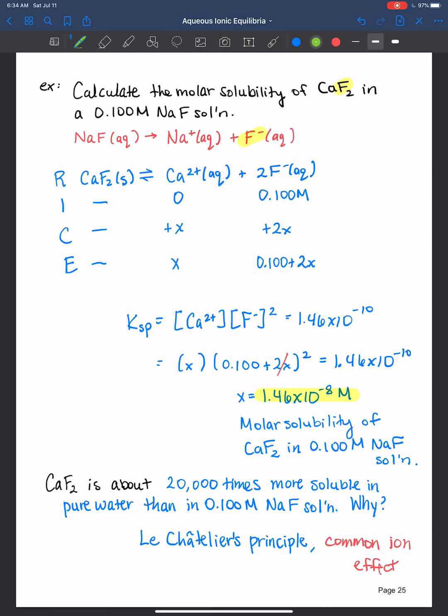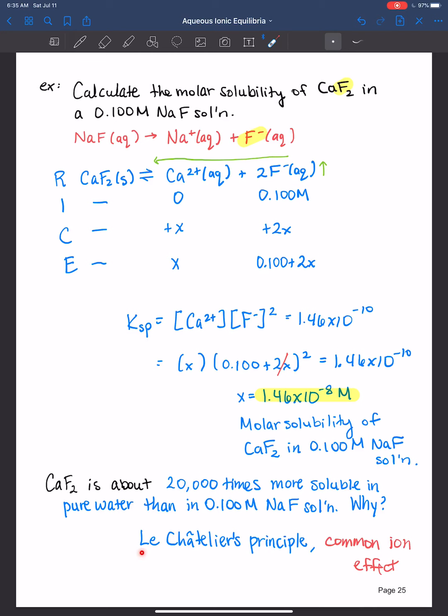So basically what's happening here is that we've increased the concentration of the fluoride ions in solution for the calcium fluoride equation here. And in doing so, we know that that shifts the equilibrium to the left, back towards reactants, and therefore decreases the solubility of calcium fluoride in the solution itself.